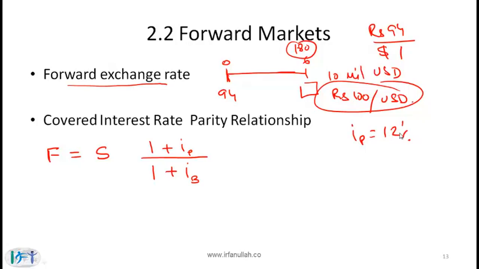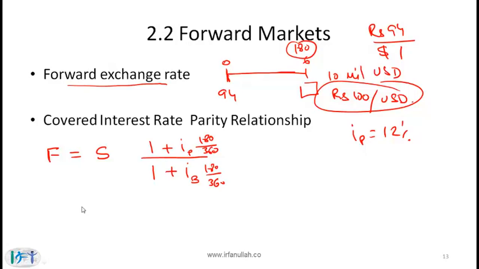I'm going to get back to this number in a minute, but the point is that the interest rate in the price currency needs to be adjusted based on the number of days. So if this is a 6-month forward contract, we multiply the interest rate by 180 over 360. And this is the base currency, US dollar. So this also needs to be adjusted based on the number of days. So essentially we are taking an annualized rate and then adjusting it based on the maturity of the forward contract.